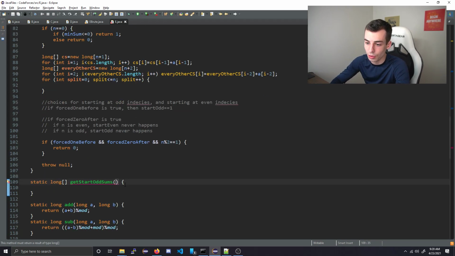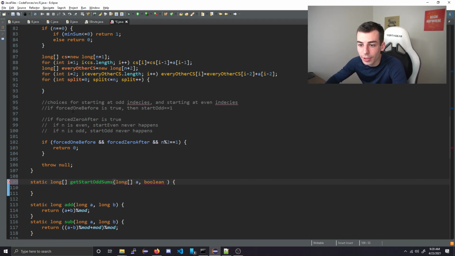So what do we need here? We need long array A, Boolean start, a Boolean forced 1 before, Boolean forced 0 after, and then return.